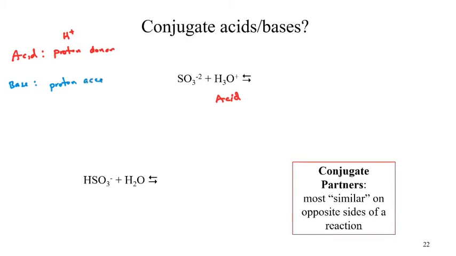To accept that proton, it has to have something to give to hydrogen to keep hydrogen connected. Since the hydrogen is positive, what that base needs to supply is some source of electrons. Electrons are negative. When we look at our structure here, SO3 minus 2 is negative. It's going to be our base.